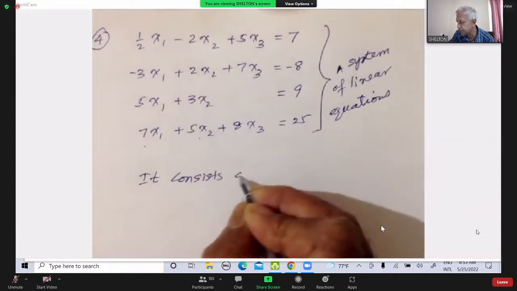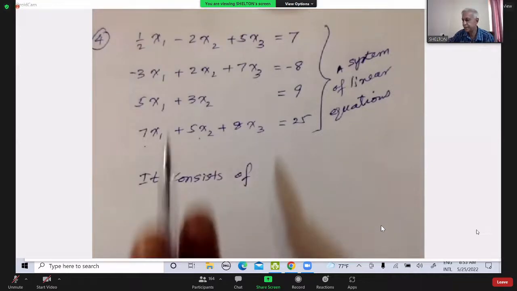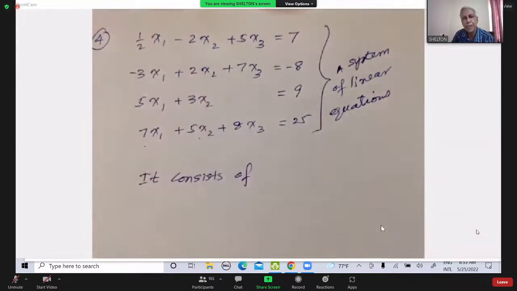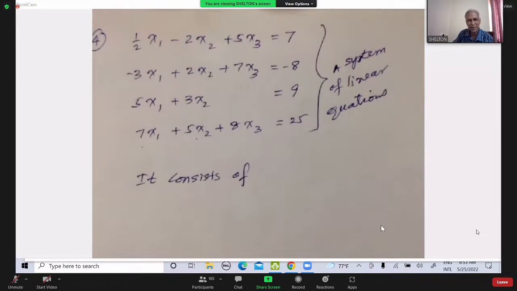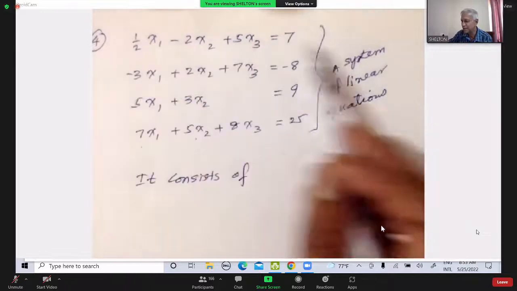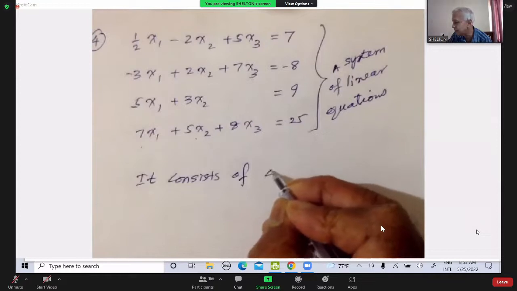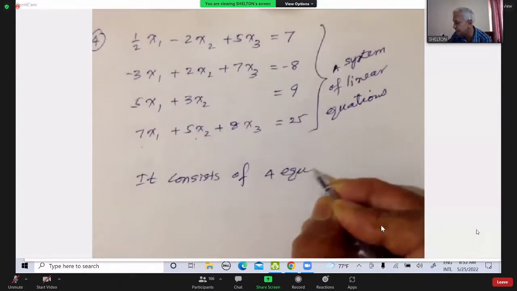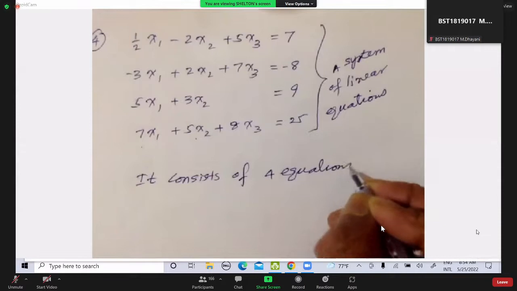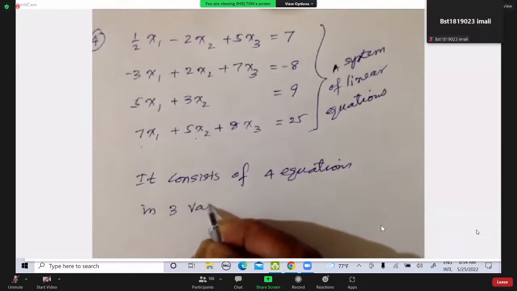It consists of how many equations? Four. It consists of 4 equations in how many variables? 3 variables. So 4 equations in 3 variables, or 3 unknowns.